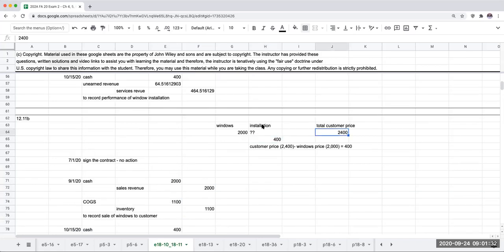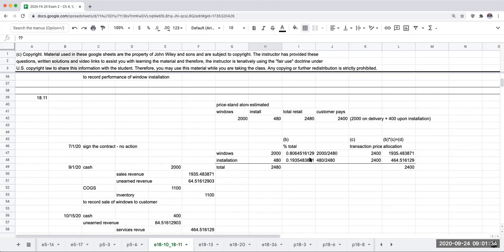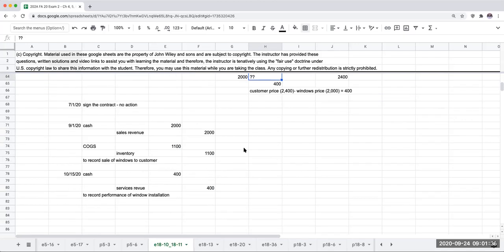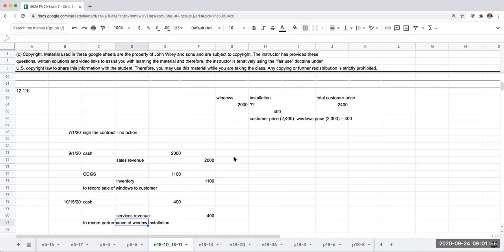I'm just going to go ahead and assign it. And when I assign this, I don't need to do this ratio calculation. So here it is, basically cash, services revenue, cost of goods sold, inventory, cash, sales revenue, and then this is cash, services revenue. So there we go. So that's this one particular question.